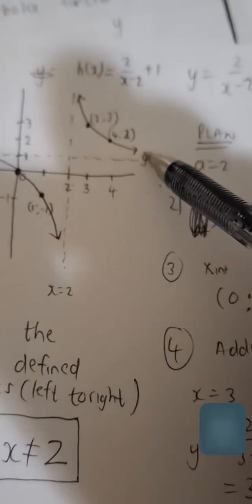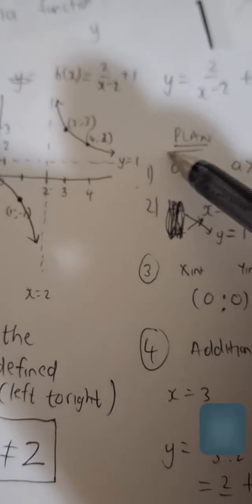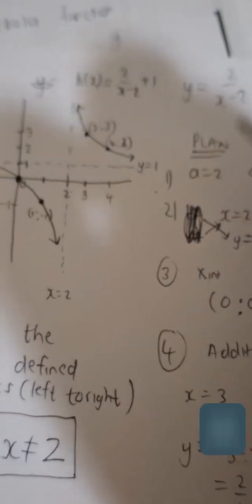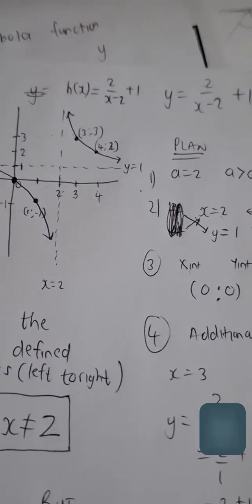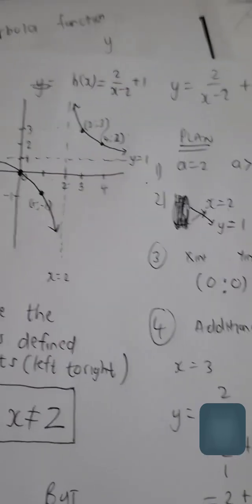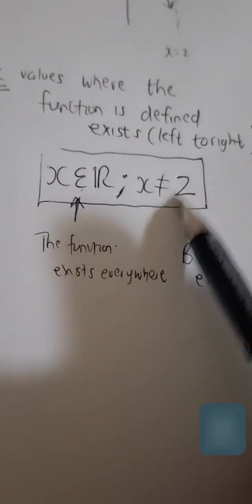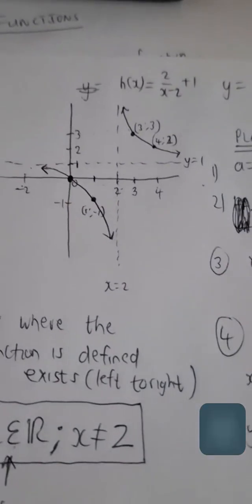Also, this function will exist everywhere and continue in the positive direction to positive infinity. Are you with me? So it will exist everywhere, but x cannot be 2. I don't know if you have any questions about the domain of the hyperbola function.